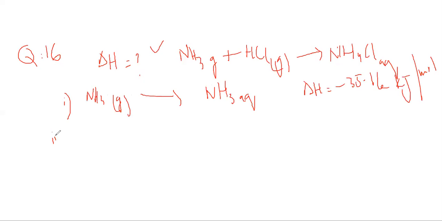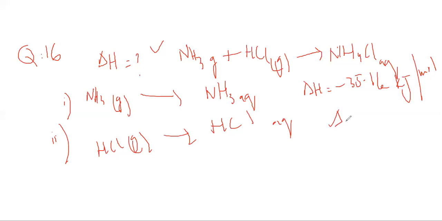Second equation is HCl gas converting into HCl aqueous. Enthalpy change is minus 72.41 kilojoule per mole. This amount of energy will be released when gaseous hydrogen chloride converts into aqueous.